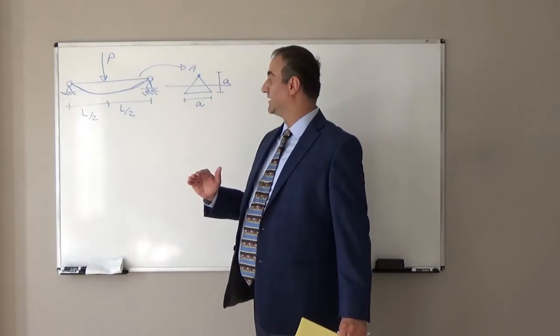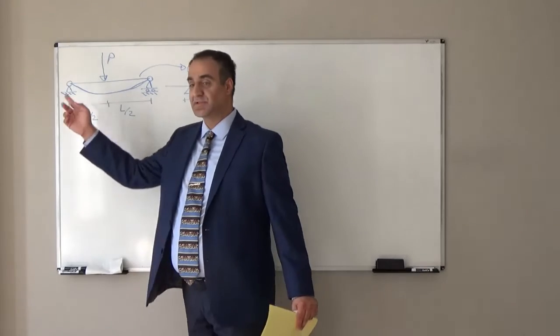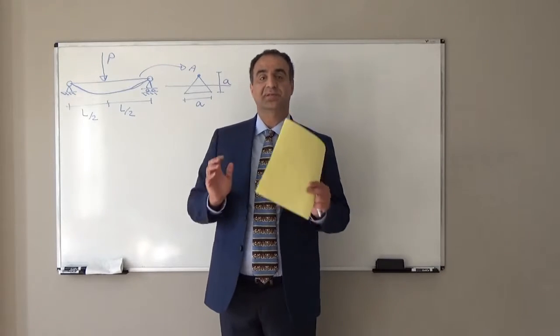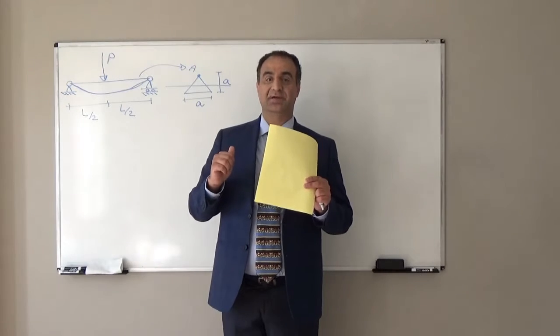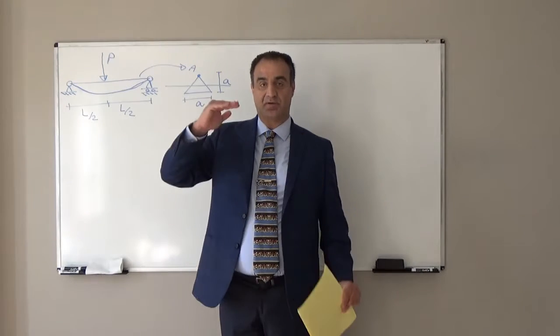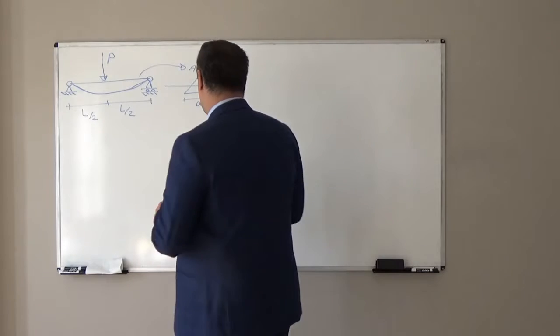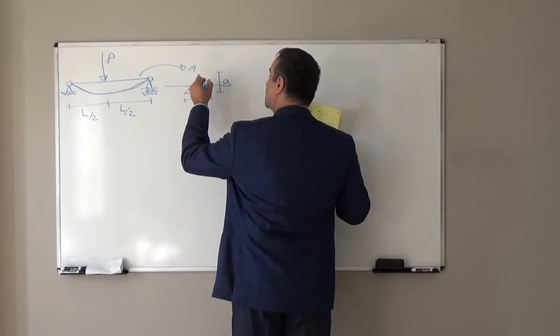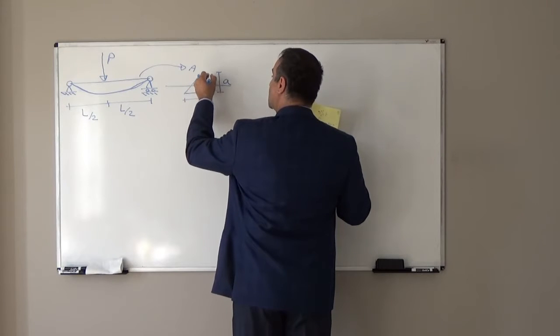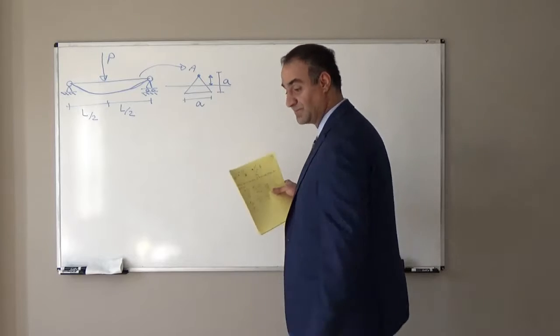Above that neutral axis, because of this deformation, the beam will be subjected to compression. So we will have compressive stress above that. The extreme fiber is here. The extreme fiber has the maximum distance up to the neutral axis.